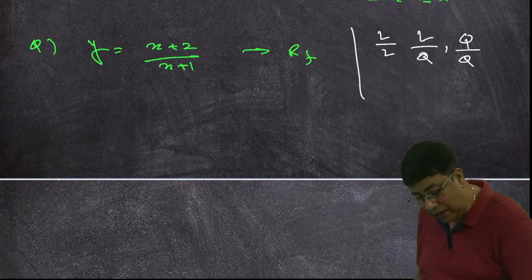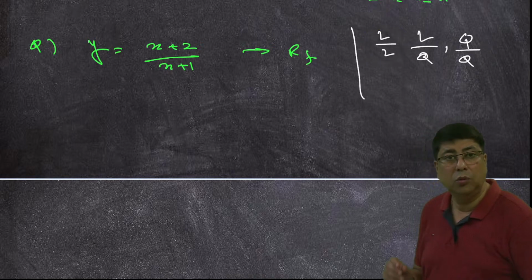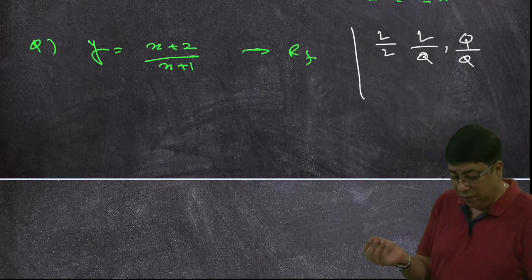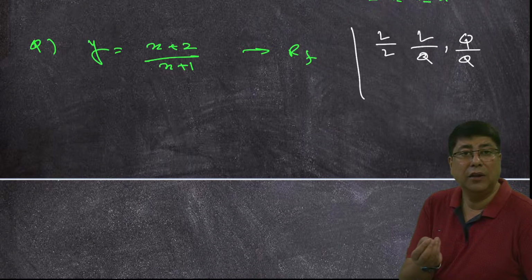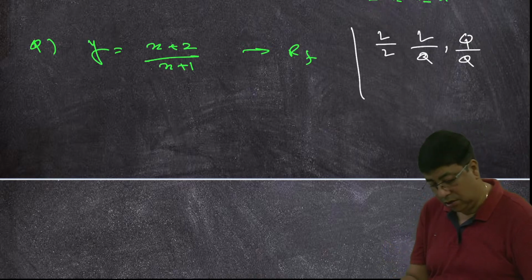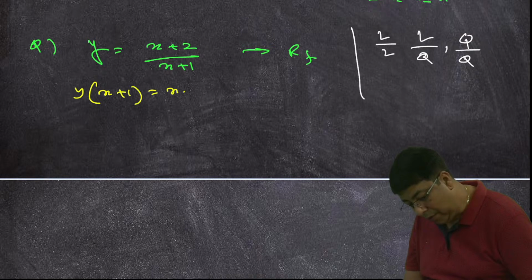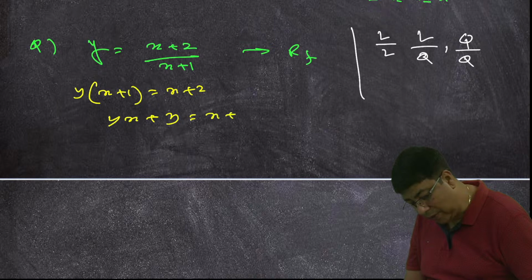This is under the case of linear by linear function. To get the range of this function, we interchange x and y, so x equal to something of y, and we get the domain of y. Let us proceed. Cross multiply: xy plus y equal to x plus 2.